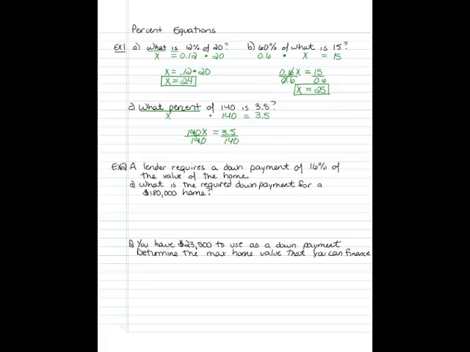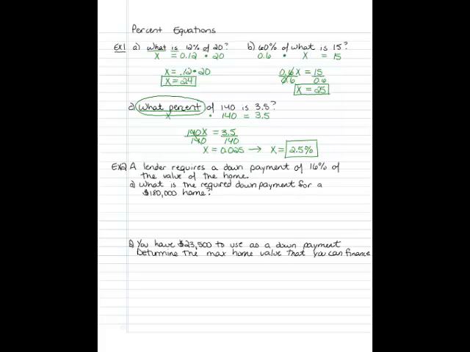On the left, the 140s give you 1, so 1x, or just x, equals 3.5 divided by 140, 0.025. Now, before we box this up, remember the question was asking what percent. So we need to convert our answer to percent form. 0.025 translates to 2.5%. And that is our answer.